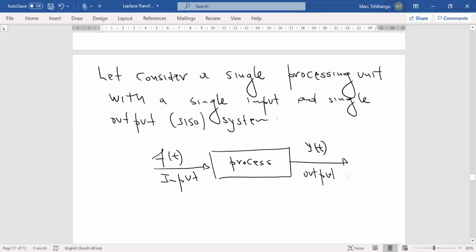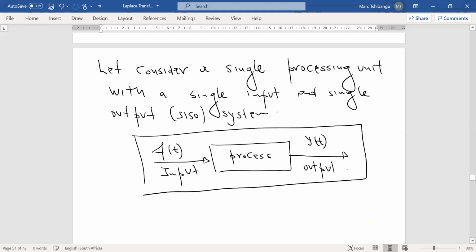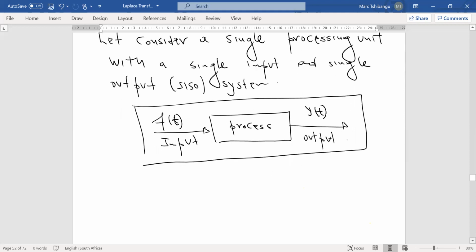Remember that a process model is represented in the t domain, whereas a transfer function is generally represented in the s domain. The transfer function of this process will be represented in what we call a block diagram.